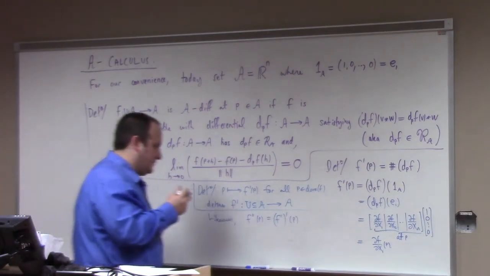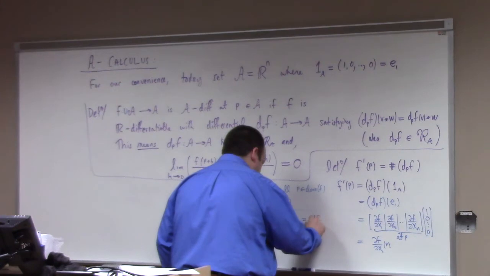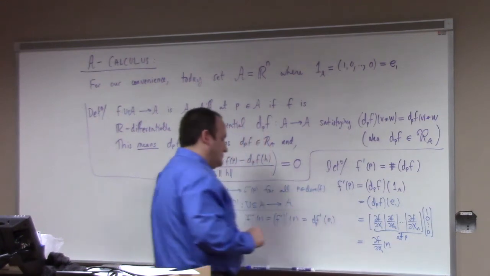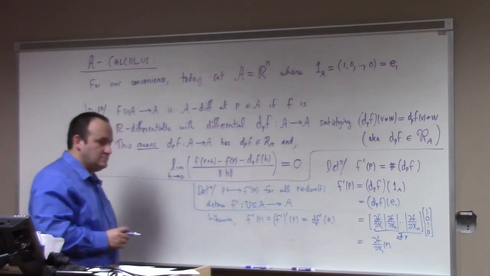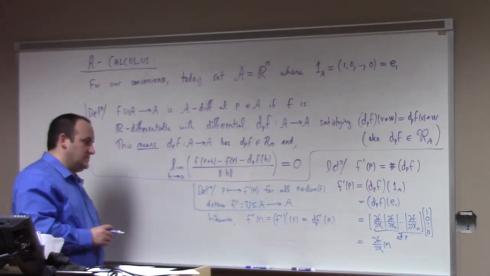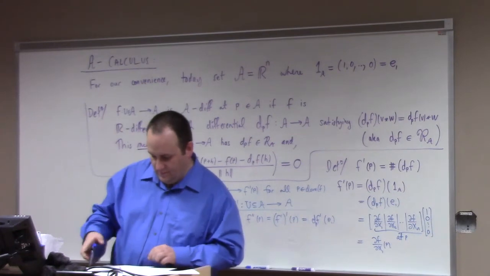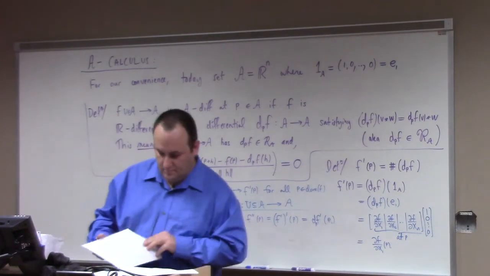So more explicitly, that would be the differential of f prime at the point p of v1. I'll get back into that in a bit.